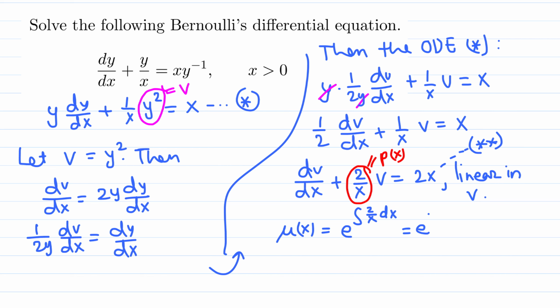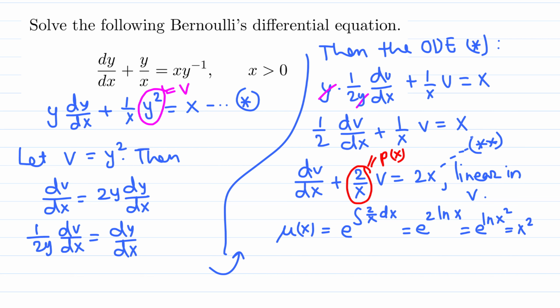E raised to 2 can be pulled outside, 1 over x dx. The antiderivative of 1 over x is natural log of absolute x. But x is given positive, so the absolute value is not needed. This 2 goes there, so e raised to ln x squared, then e and natural log cancel, so simply x squared. So an integrating factor is x squared.